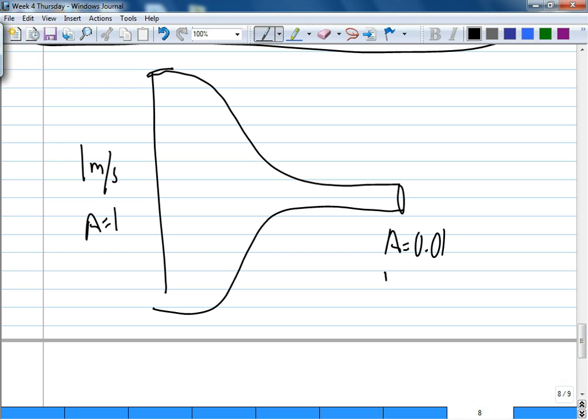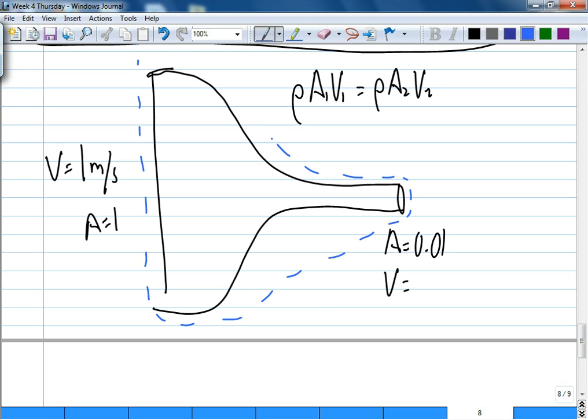Okay. So what should the velocity be here? Alright. So rho A1 V1 is equal to rho A2 V2. That's for the control volume, and this is our streamline.